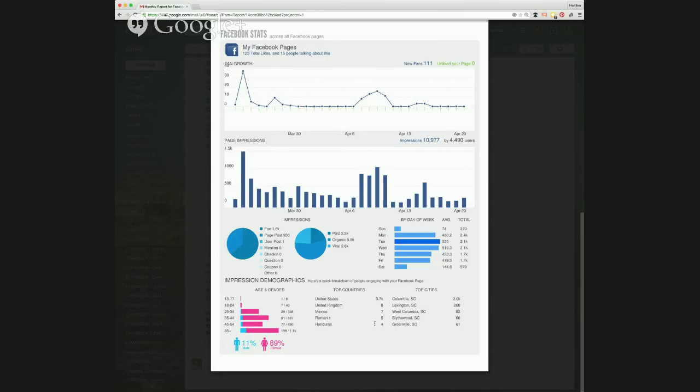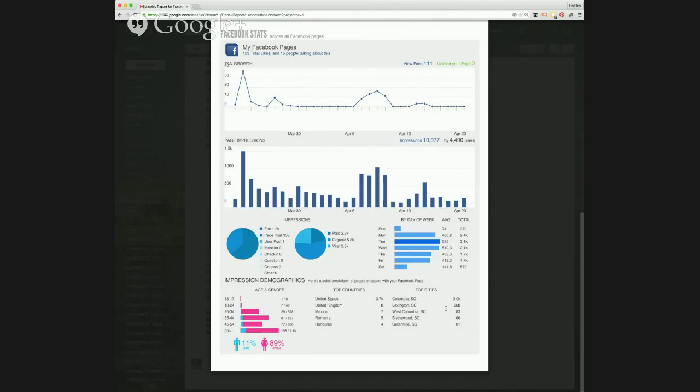Then you'll come over here and you'll be able to see where the traffic is located within the world. So you can see, as you would imagine, that yes, the majority of it is here within the US, but there are some interactions from the UK, Mexico, Romania, and Honduras. And then it has your top cities. So this is a small business, Panchies Interiors by Pam James, in Columbia, South Carolina.